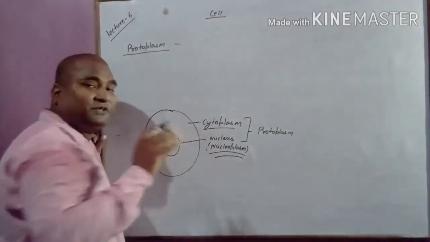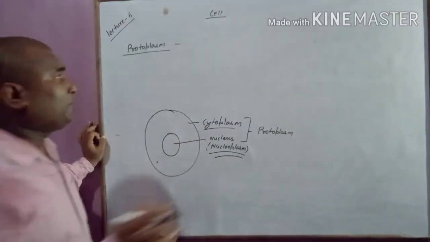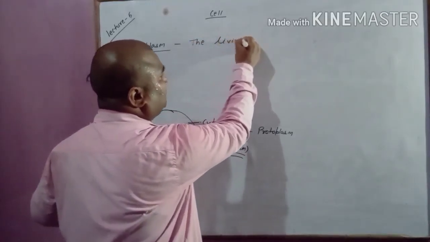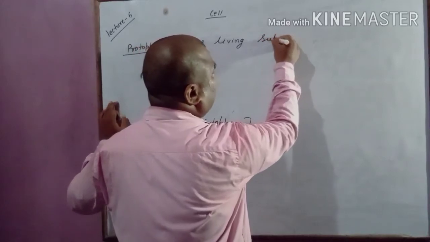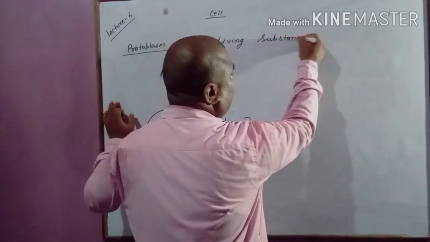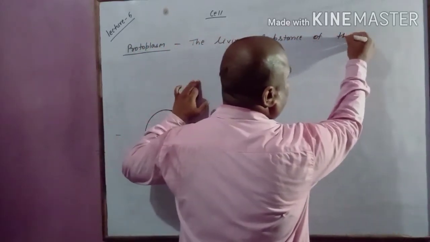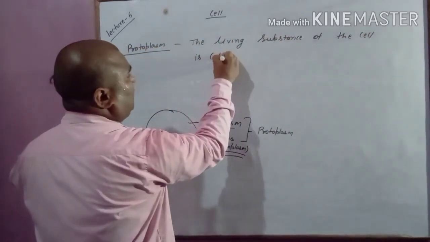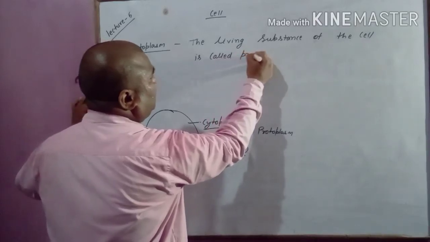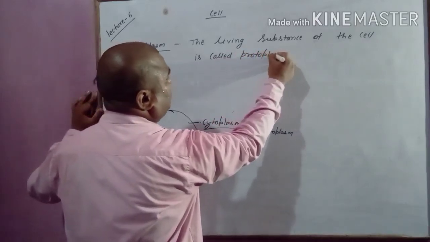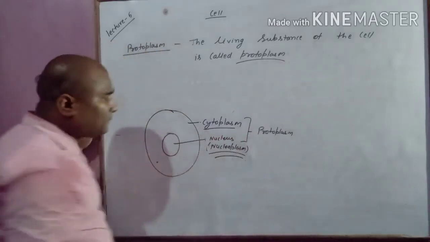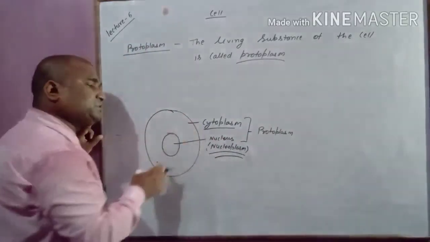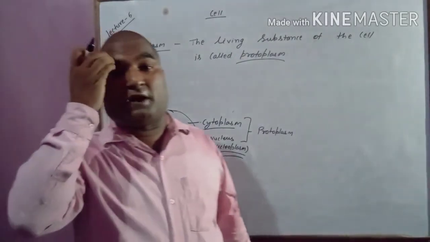If you need to explain what protoplasm is, you will say the living substance of the cell is called protoplasm. Cytoplasm is living and nucleoplasm is also living, so together they are called protoplasm.